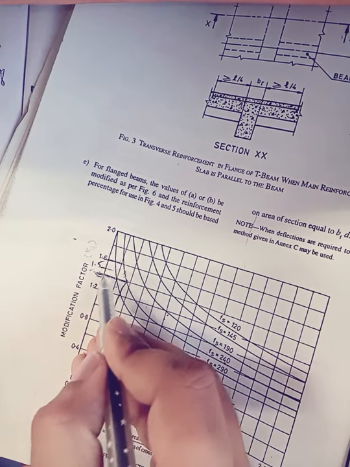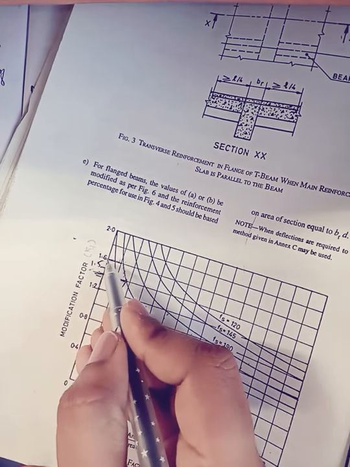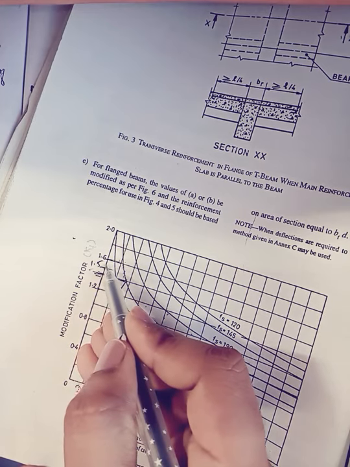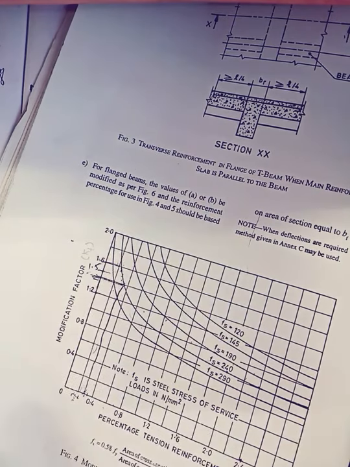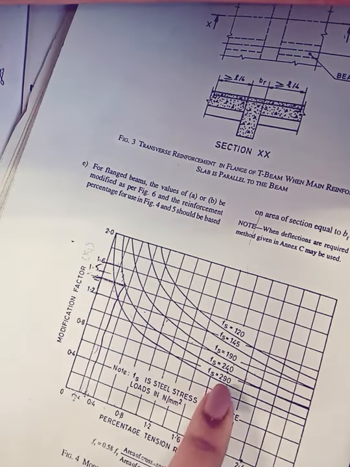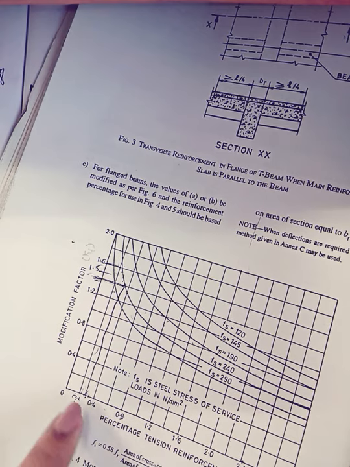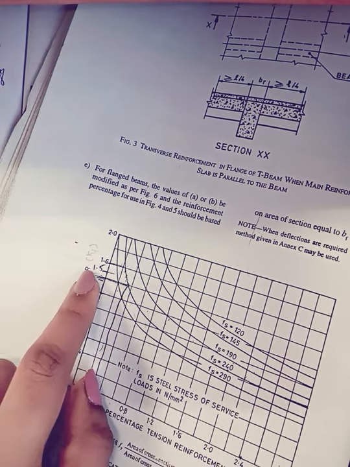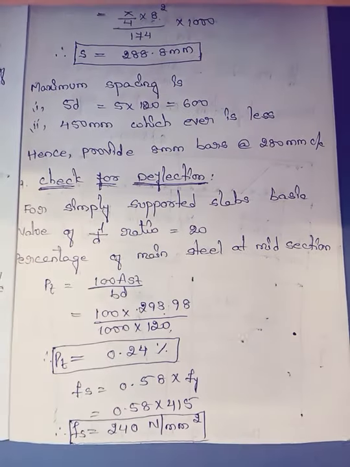This line will be 1.4, and above that it will be 1.5, right? So the modification factor for fs 240 and percentage tension 0.24 is equal to 1.5 as per IS 456 figure 4.